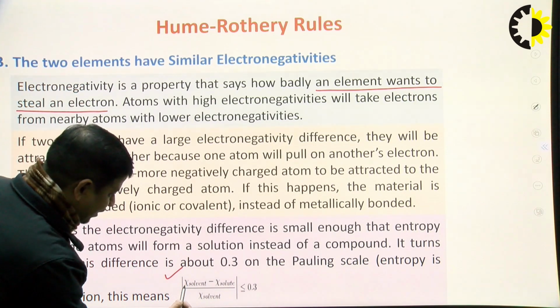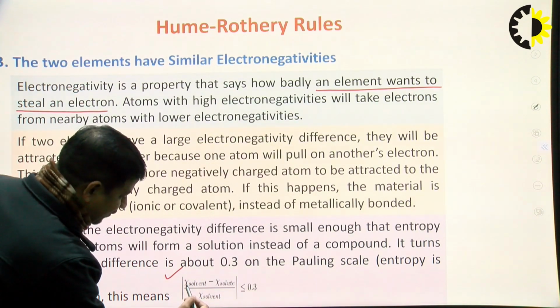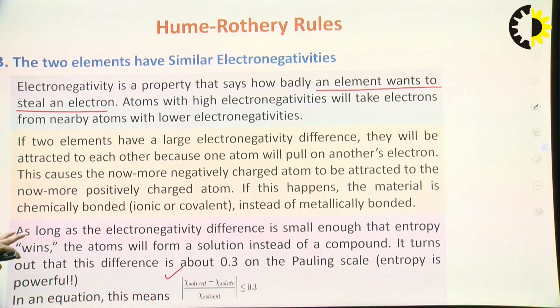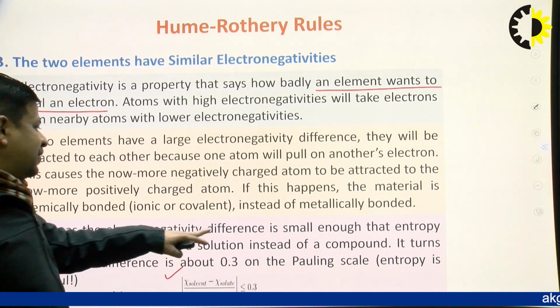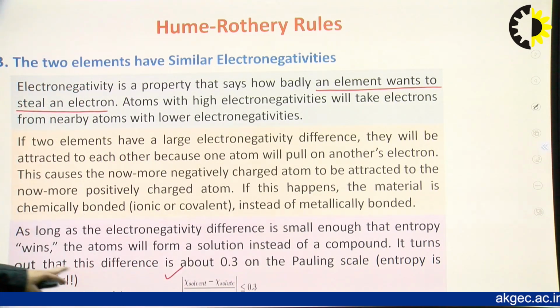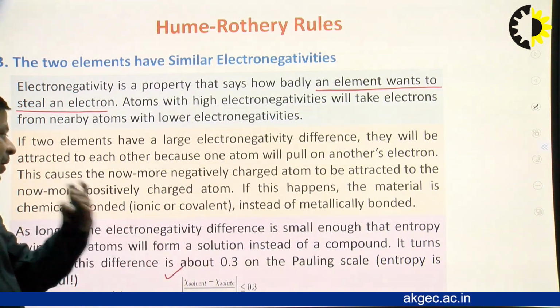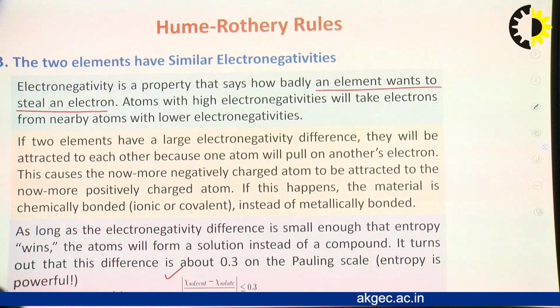What we are trying to see is solvent electronegativity minus solute electronegativity, upon solvent. So what is the formula here? As long as the electronegativity difference is small enough that entropy wins, the atoms will form a solution instead of a compound.